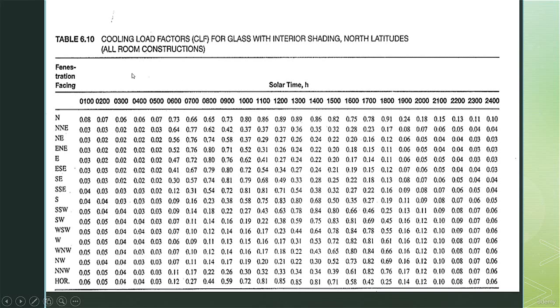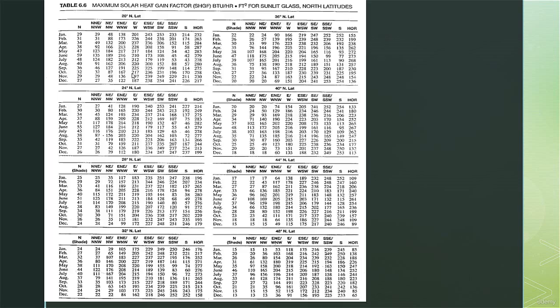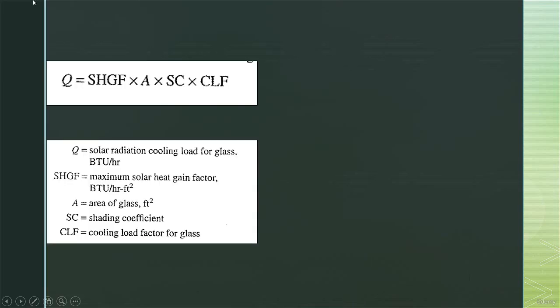In this way you select the CLF value from the table and put all these values in this formula: the SHGF value from the table, the SC value from the table, and the CLF value from the table, and the area of the window, and you get the total solar radiation for glass.